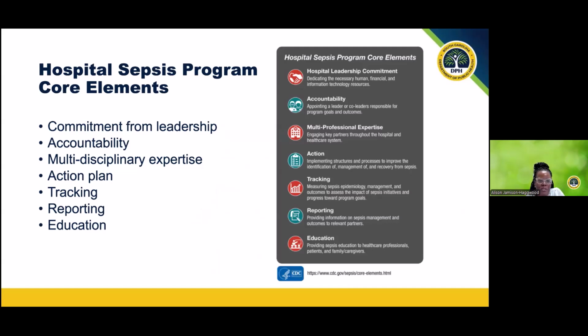And then accountability. That's where having a leader in place, someone that's going to oversee this program, or a co-leader. And then your multidisciplinary expertise, having an action plan in place, and then tracking, reporting, and education. So this is what a fully implemented program should look like.